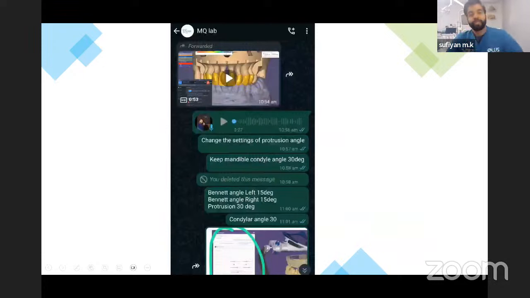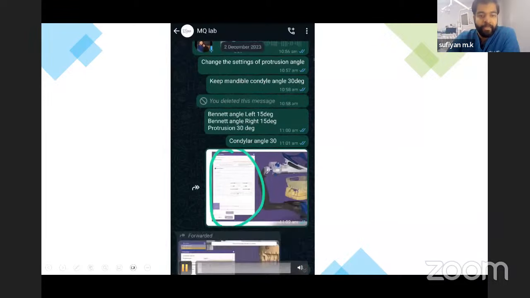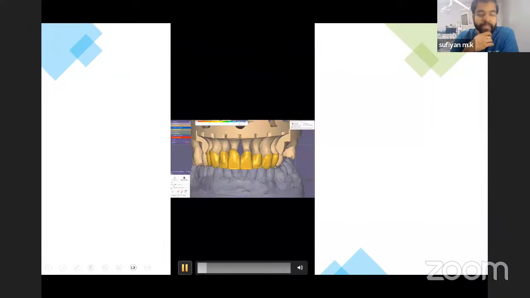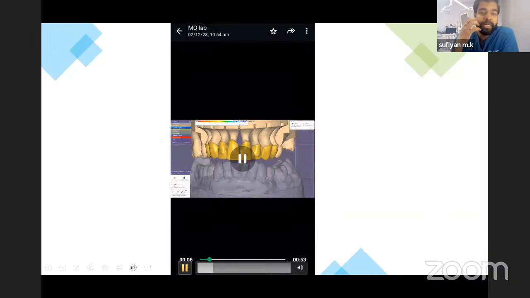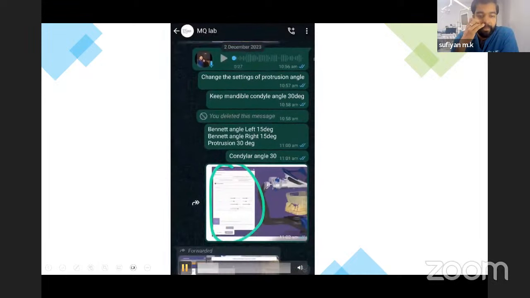Okay. If you're doing CAD CAM restorations, this is again a real chat of my communication with the lab technician. You can use a virtual articulator and set the condylar angles with the lab tech, because the lab technician does not know the importance of condylar angles, right?